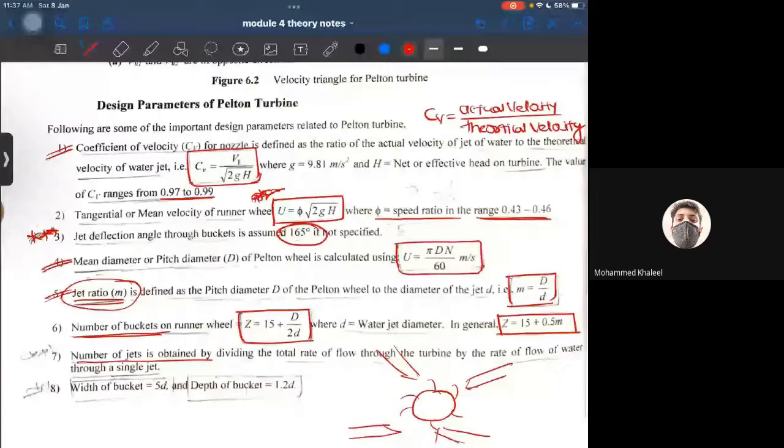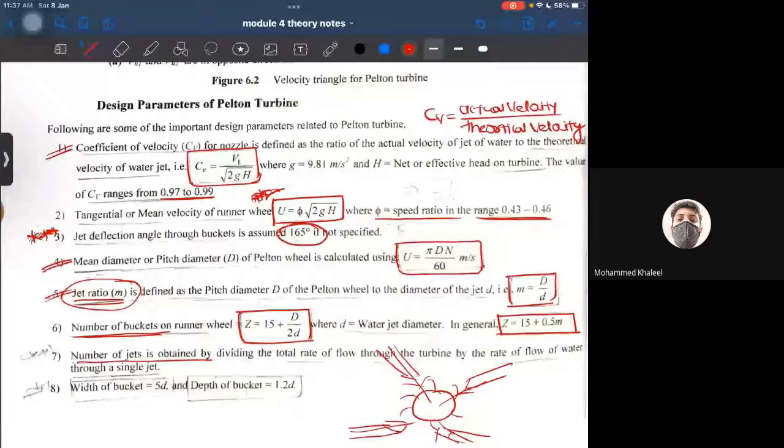In this case, how many nozzles are there? 1 here, 2 here, 3 and 4. So totally there are 4 nozzles from which jets strike the Pelton wheel. So in this, the number of jets is 4.